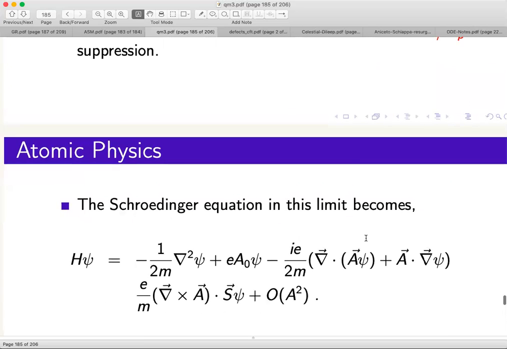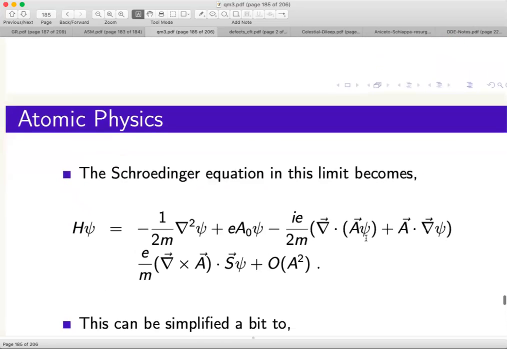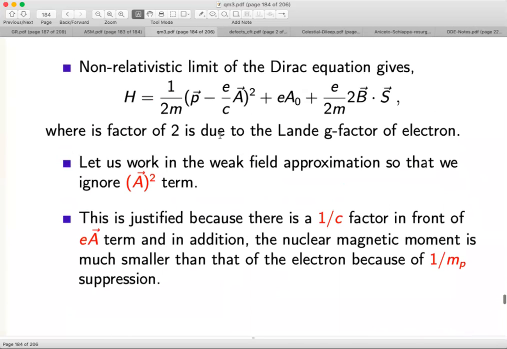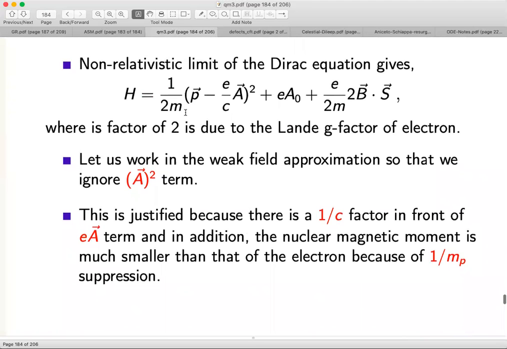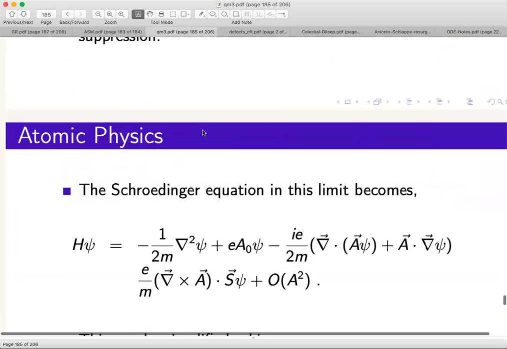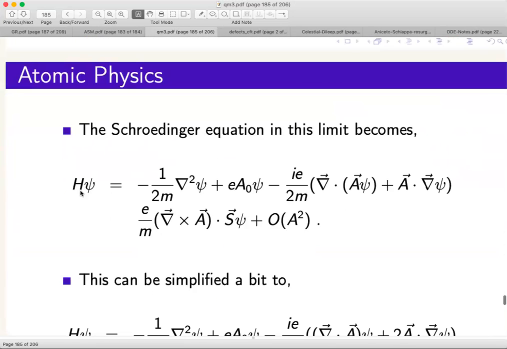If you do that, then what you need to do is basically just expand, and replace p by minus i h bar times del. Probably I have not even taken care of h bars, probably minus i times del, and then you get an equation like this: H psi is equal to the usual kinetic term plus the Coulomb piece plus this piece.